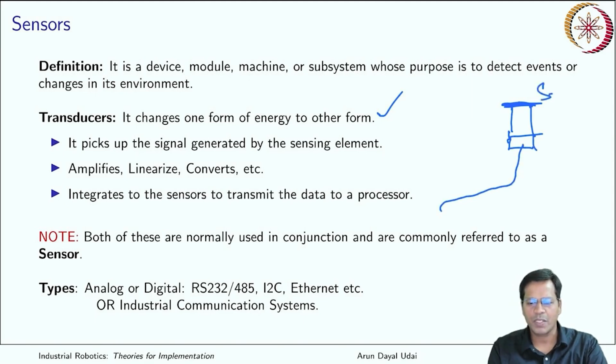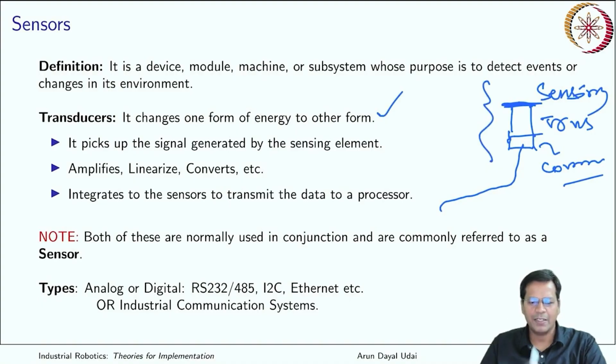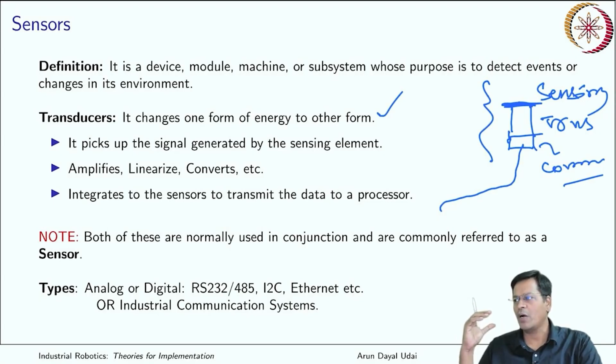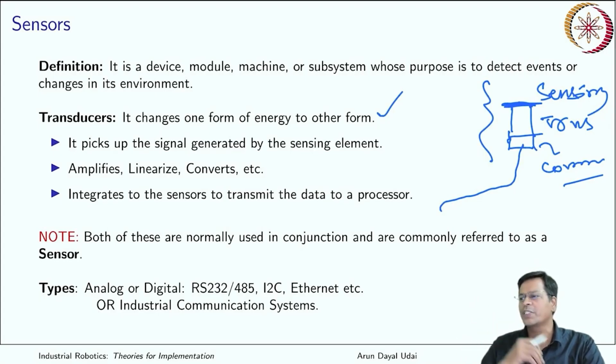So you have a sensing element, a transducer, and a communication unit. All together as a pack we will now refer to it as a sensor. So from now on, if I say sensor, it includes everything: the sensing device, the energy conversion device, as well as the communication device.